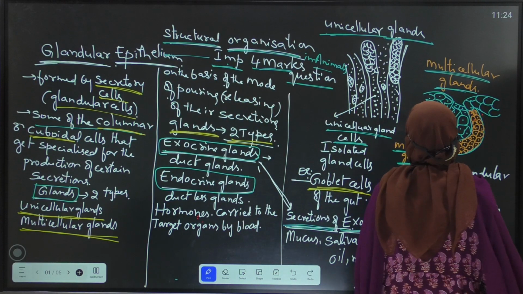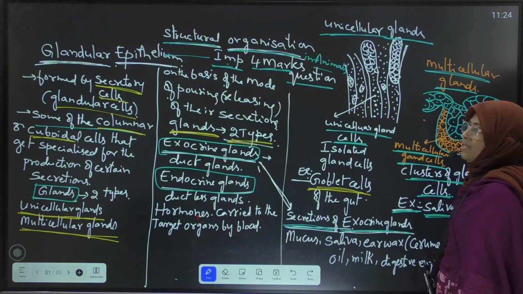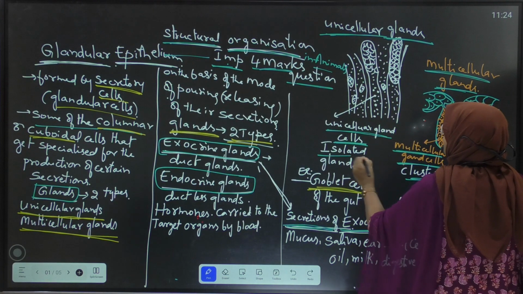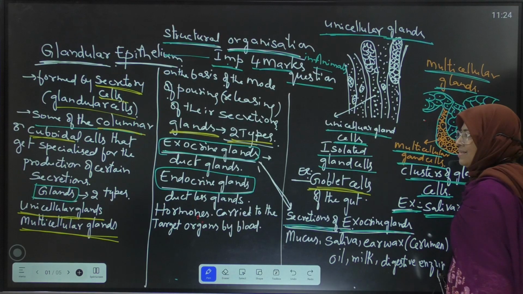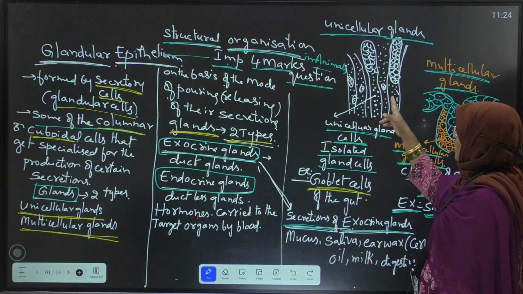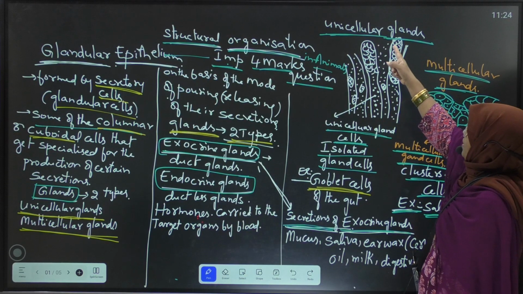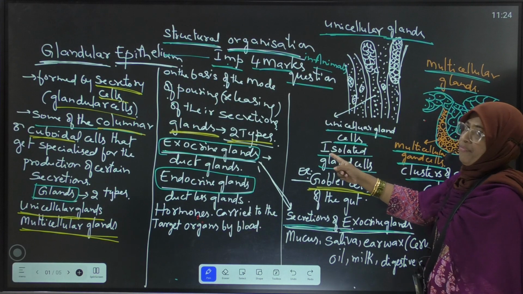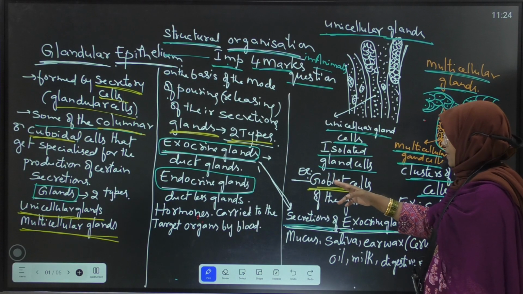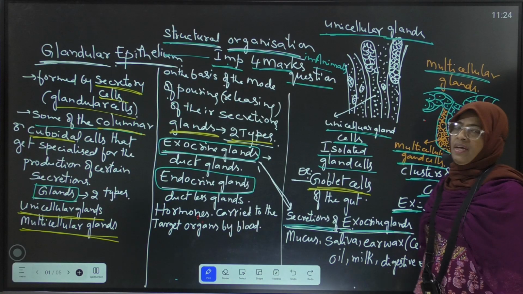First we will discuss the unicellular glands. Unicellular glands are made up of isolated gland cells. An example is goblet cells of the gut.